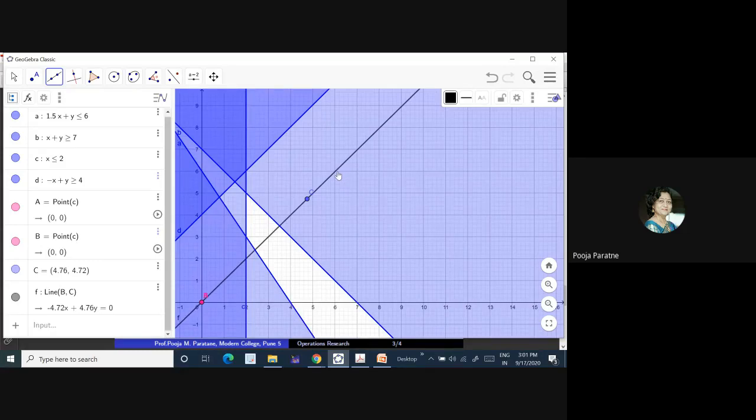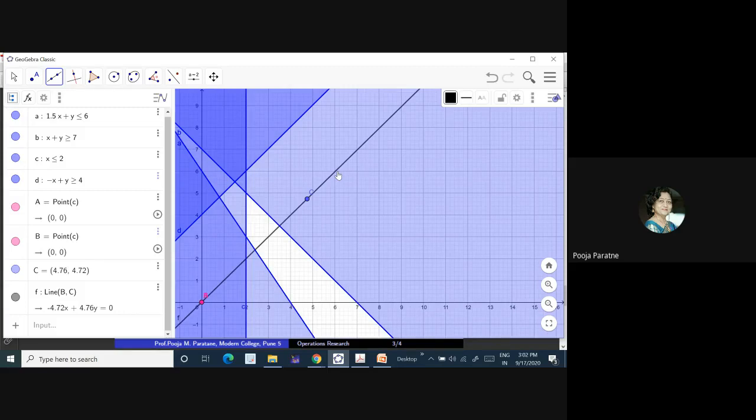It is a part of the LPP. It is one more constraint, because it is data. It is not only mathematical examples. Here we are seeing mathematical examples, but actually these are case studies, and after the case studies the model has been constructed, and those models we are solving.